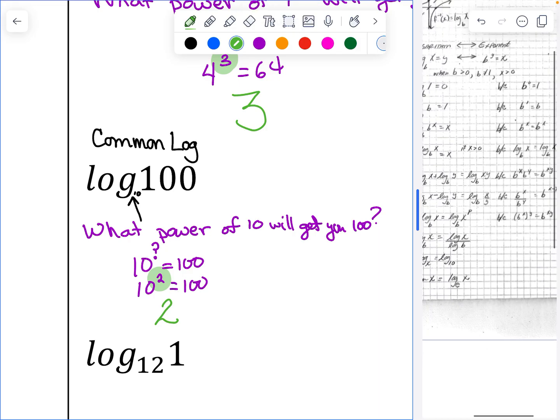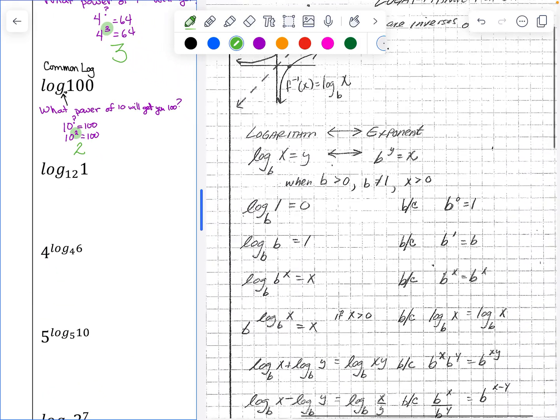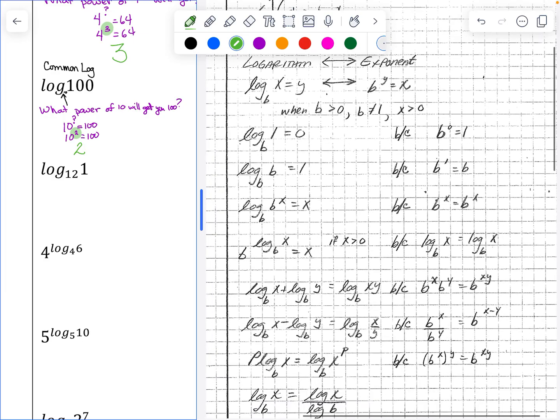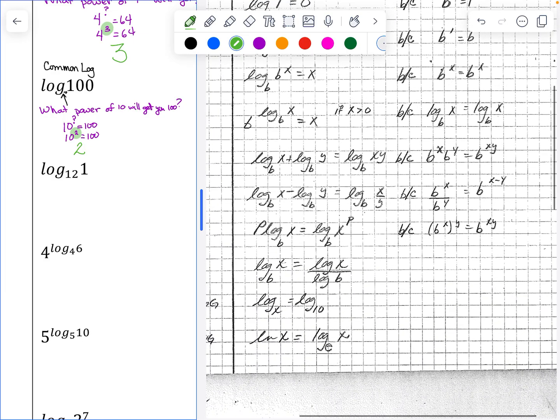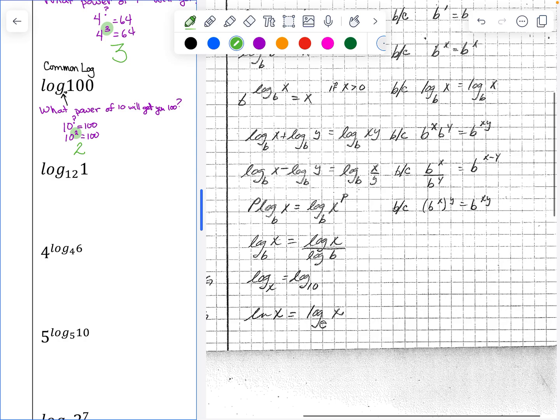And, by the way, over here in the notes, where do we talk about that? Right here.